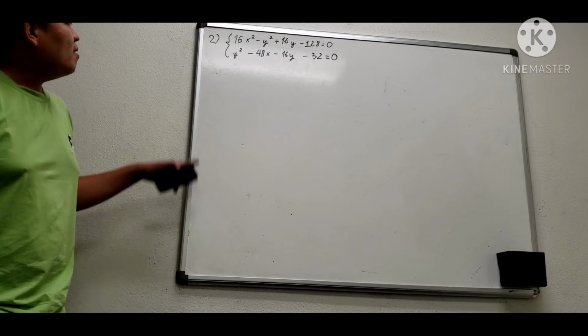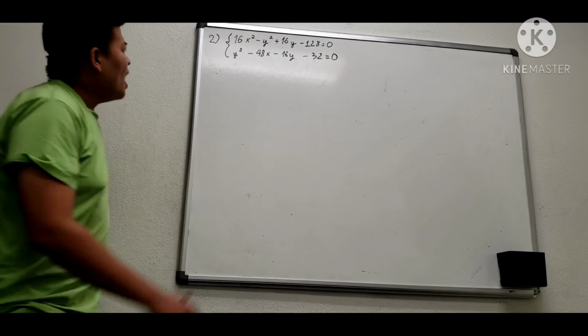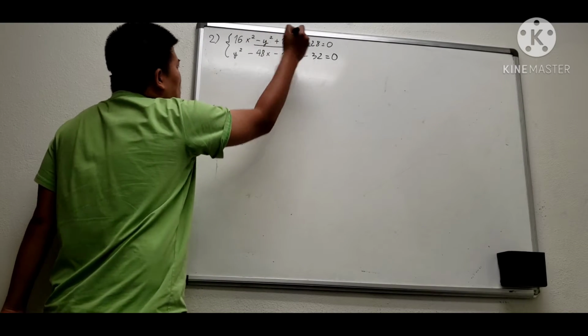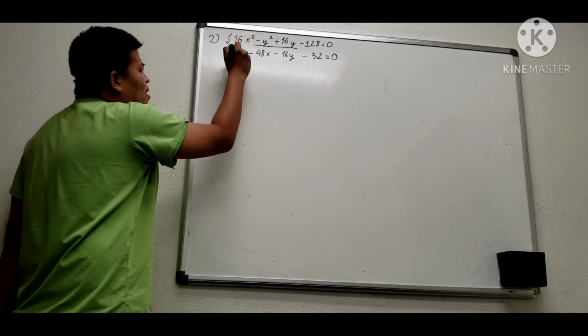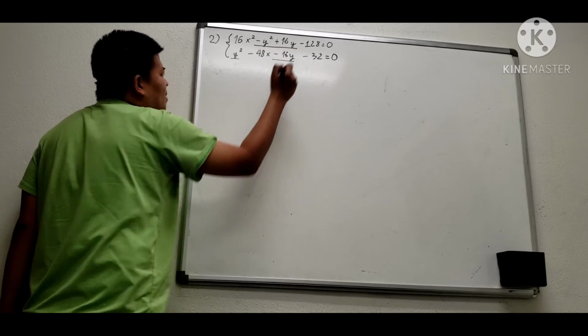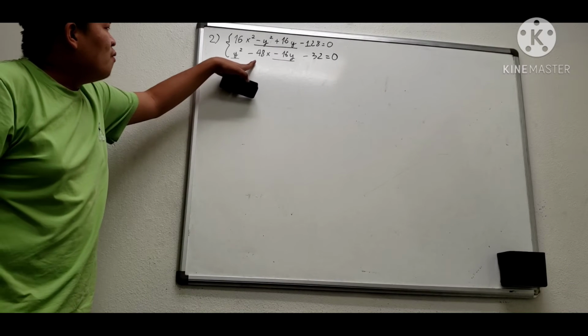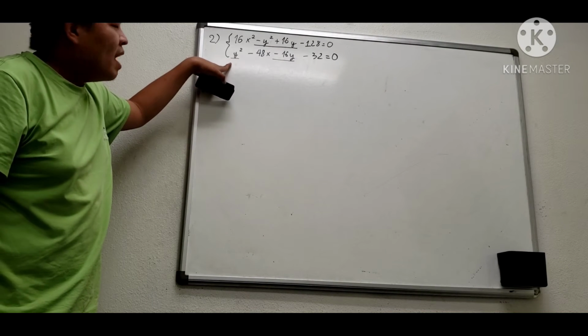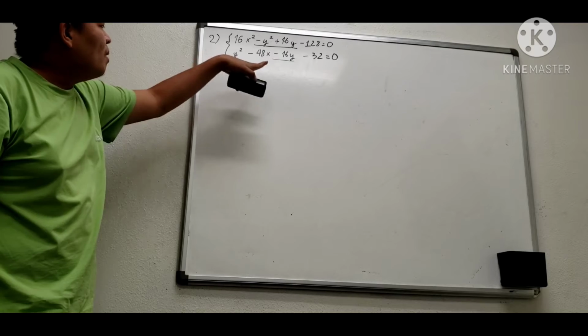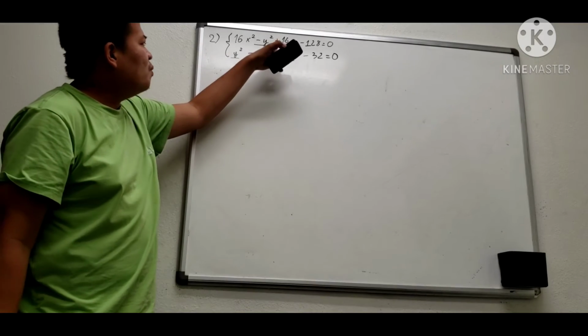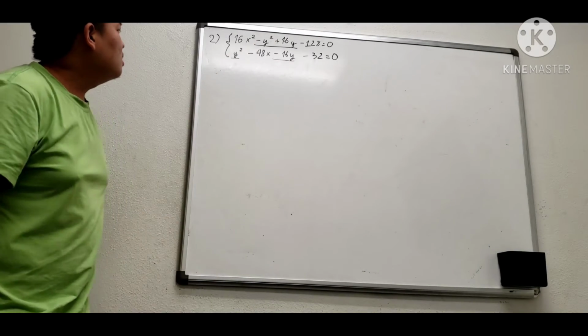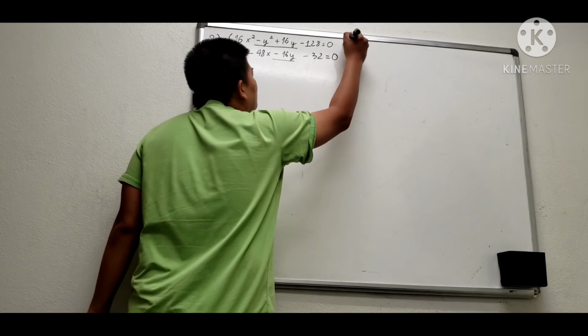Today you can see that we have minus y power 2 plus 16y, and we have y power 2 and minus 16y. So now you can transform one side into y power 2 minus 16y, and then we input the answer here. So I will show it for you.